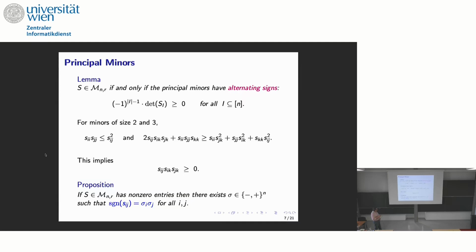Let's say these are all non-zero, so I have 3 non-zero numbers whose product is positive. Either all 3 are positive, or 2 are negative and 1 is positive. That implies the following: if S is a matrix in the open part where all the entries are non-zero, then there exists a sign vector sigma of length n such that the sign of S_ij equals sigma_i times sigma_j.